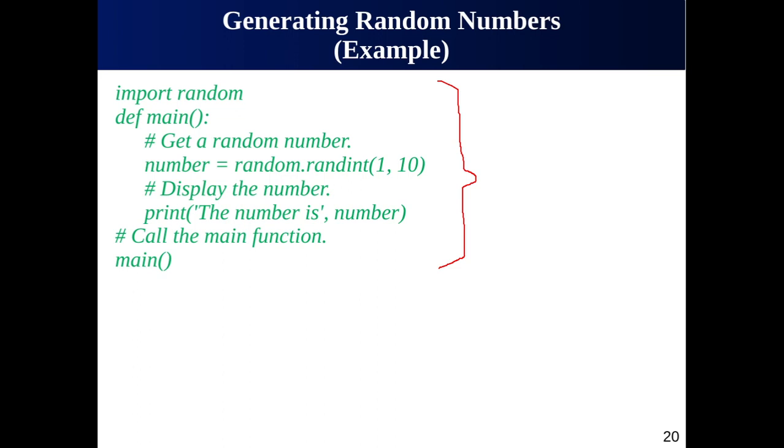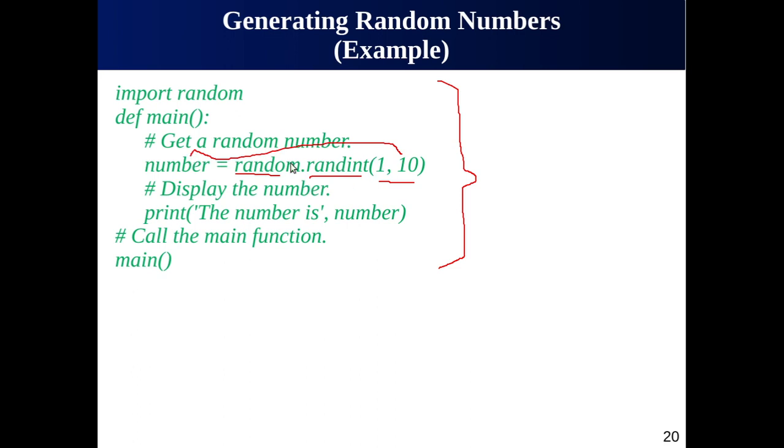So this program shows a complete program that uses the randint function, which is defined inside the module random. The random number here is generated between 1 and 10, and that is assigned to the variable number.